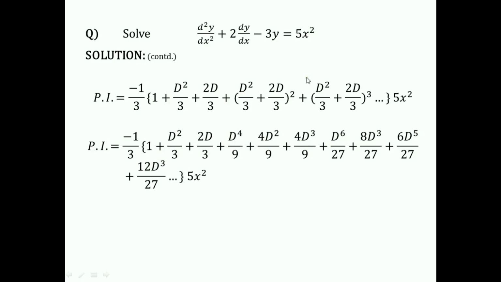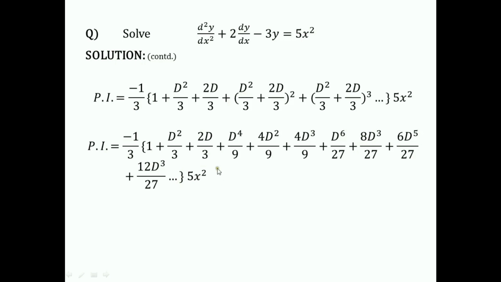Then we need to expand the cube, using a³ + b³ + 3a²b + 3ab², which becomes D⁶/27 + 8D³/27 + 6D⁵/27 + 12D³/27, and so on] times 5x².